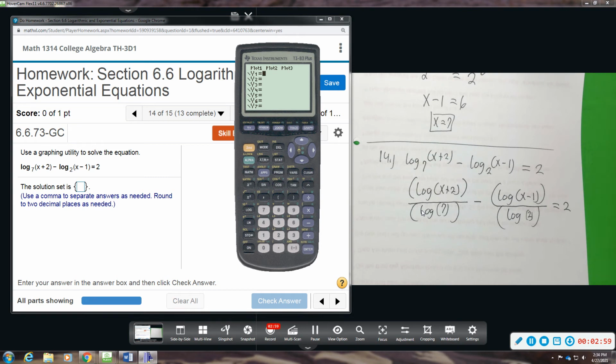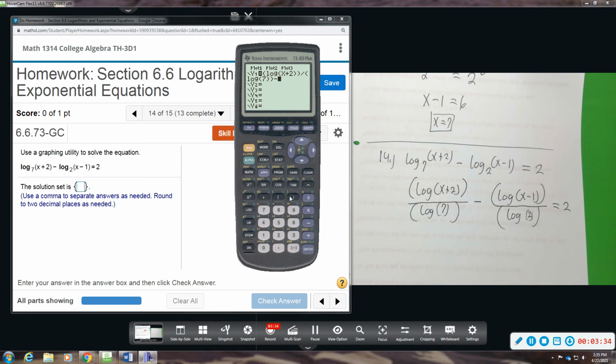So I'm going to open parentheses, log, right here next to 7, of x plus 2, and then you're going to close twice. That's the top. And then divided by, and then open log of 7, close it twice. So that's the first part. And then minus.